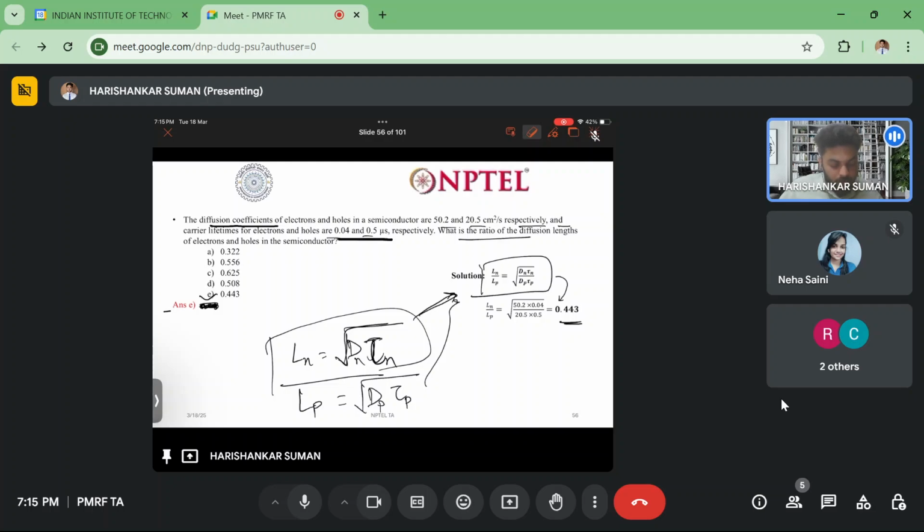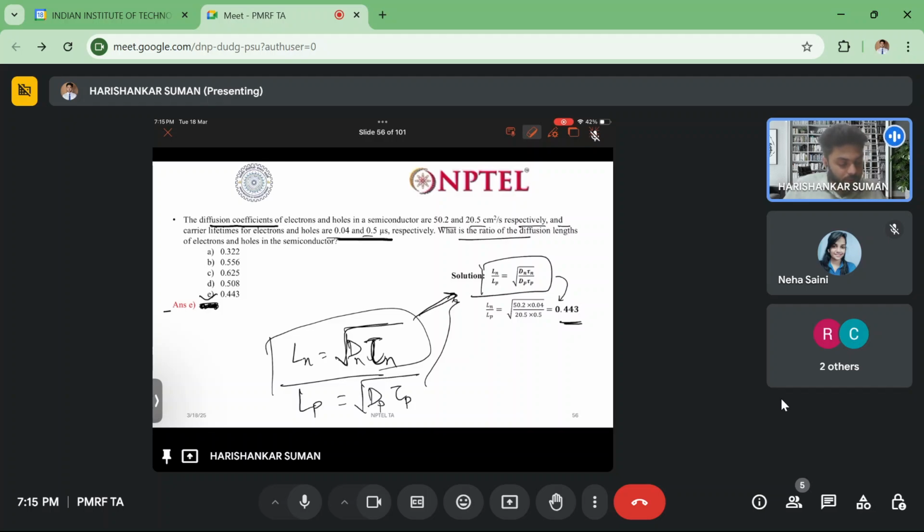Let's say the diffusion length of electrons, Ln, equals the square root of the diffusion coefficient of electrons times the lifetime of electrons. Similarly for holes.